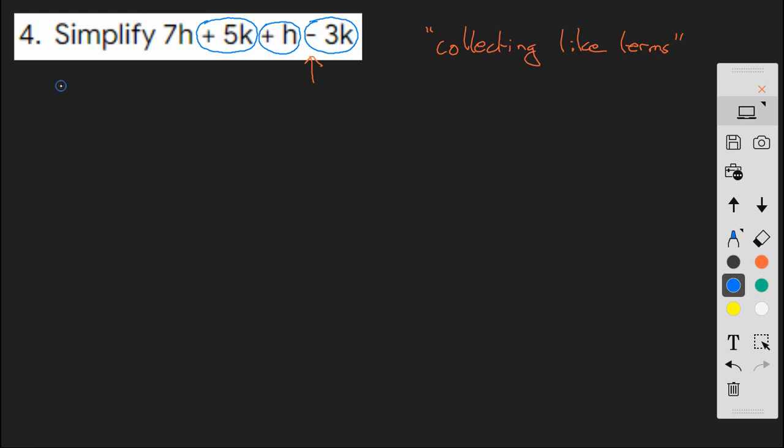Now, this isn't always going to help if there are lots of minuses in here, but what I'd like you to do is to just try visualizing what's going on. So I've replaced my h by horses and my k by kangaroos. And this is what I mean by collecting like terms, that we're going to deal with the horses first.